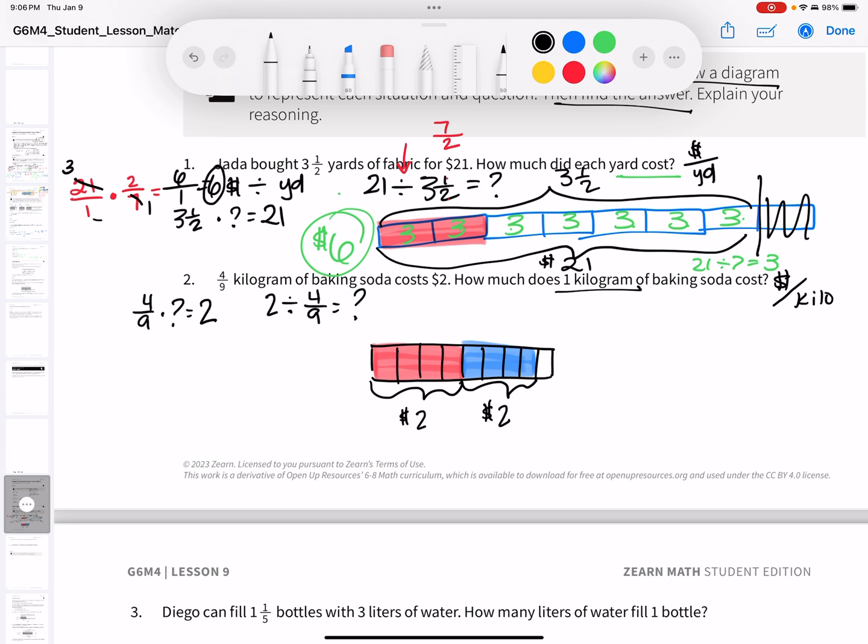So now we're up to $4. And then we have to do our number of leftovers over number in each group. So we have 1 leftover. And how many are in each group? Well, 1, 2, 3. There's 4 in each group.